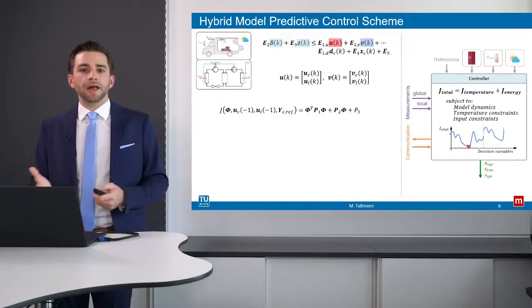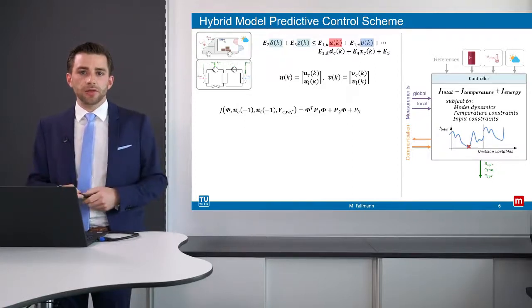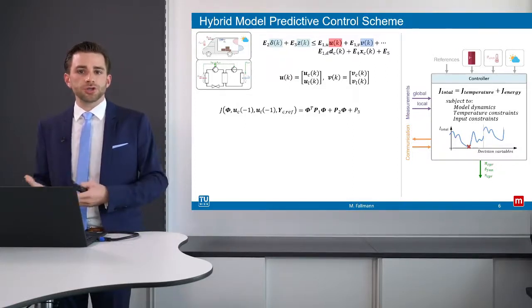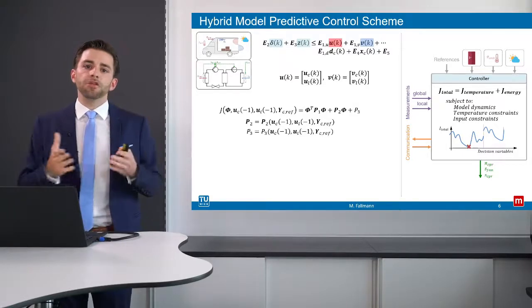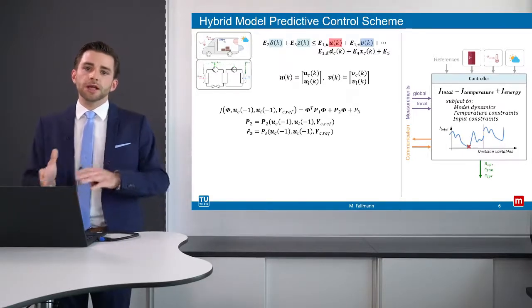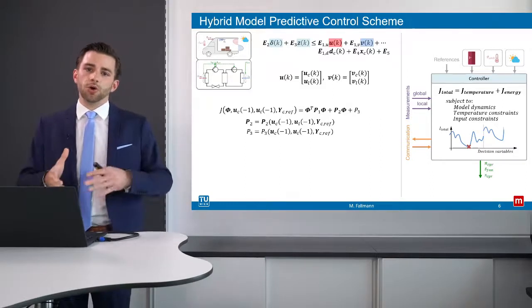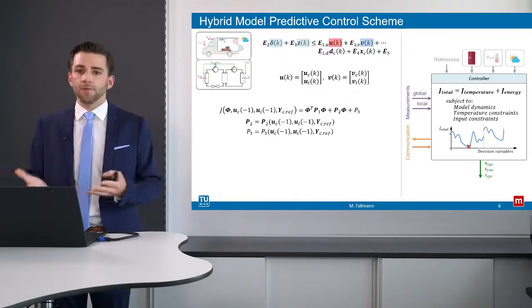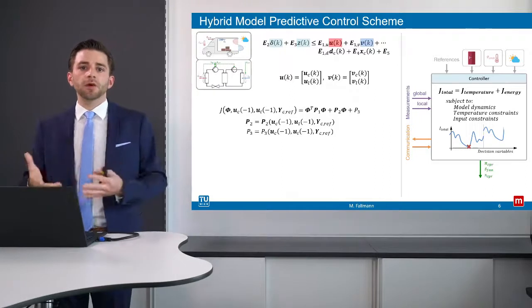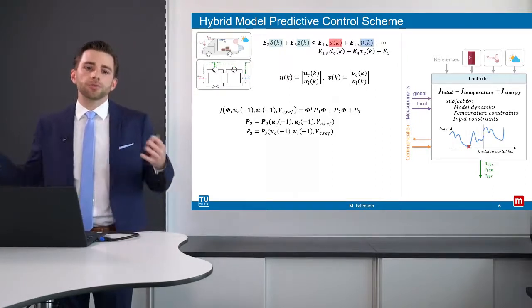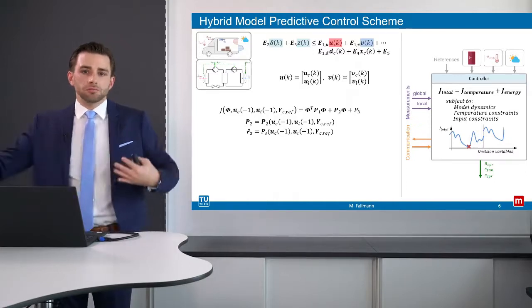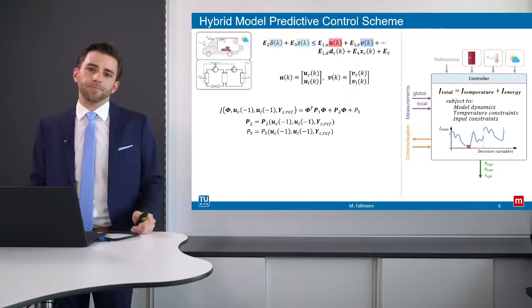Then J also depends on some matrices and the scalar value. The matrix P1 is a constant one, P2 as well as the scalar value P3 both depend on UC and UL. These are the continuous and logical control inputs that were applied in the previous time step. And they also depend on YC reference, a vector that comprises all output references within the prediction horizon.